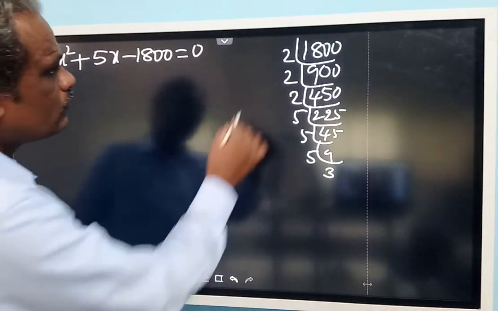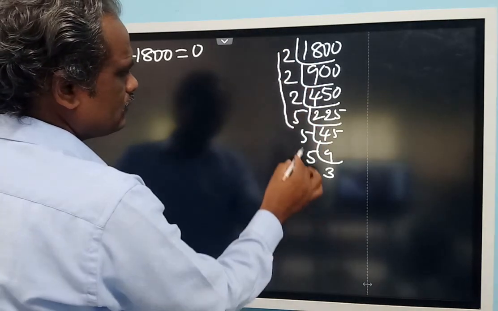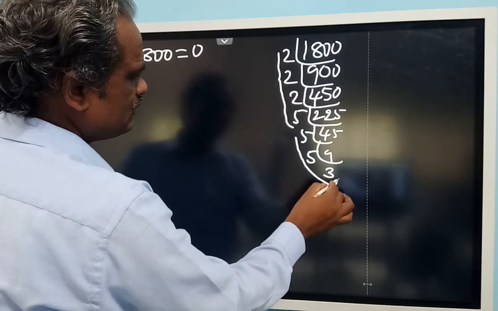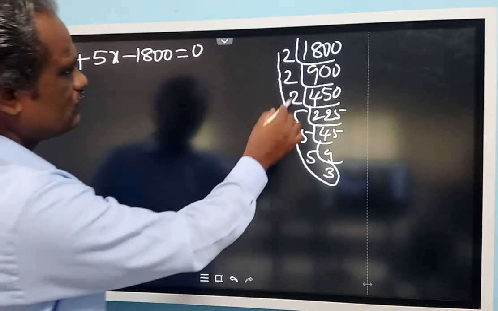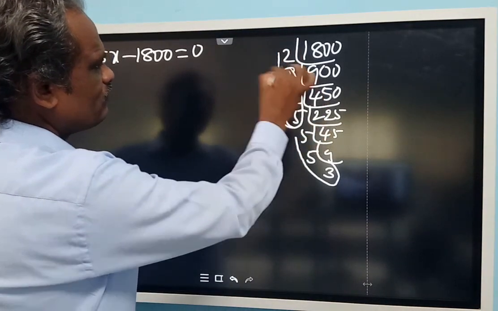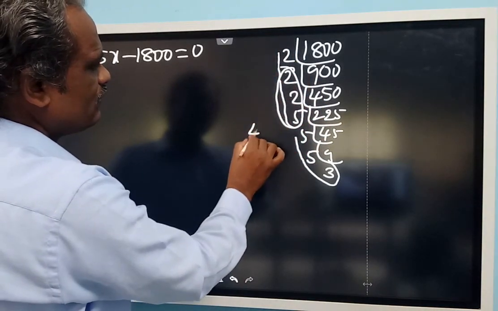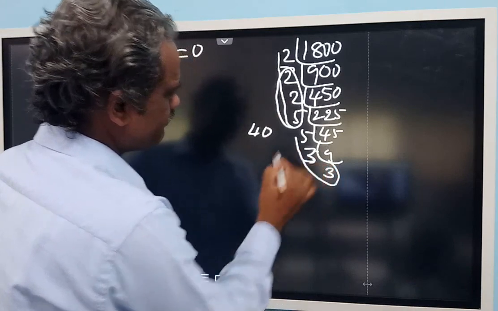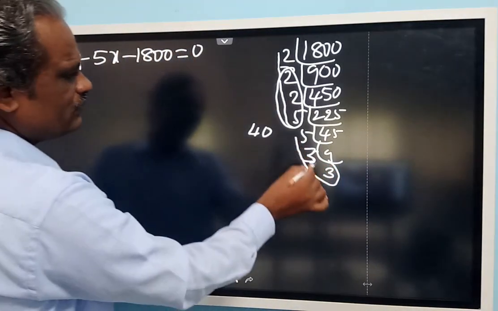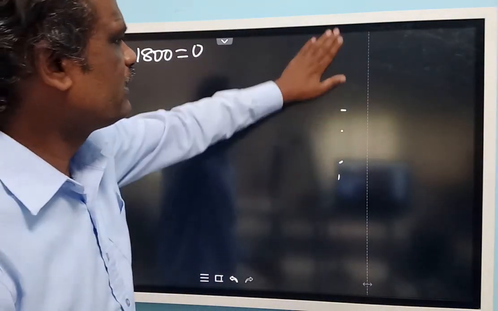So now 2 2s are 4, 4 2s are 8, 8 5s are 40, 5 5s are 25, 25 and 3... 40 and 45. Okay, so now you can multiply this one. 5 4s are 20, 5 4s are 20, 2 2s are 40. This is 3, sorry, this is 3. 3 3s are 9. So 5 into 9, 45. So 40 and 45, you can use that one here.